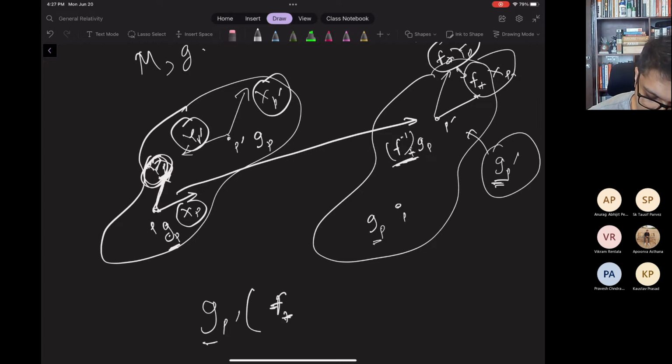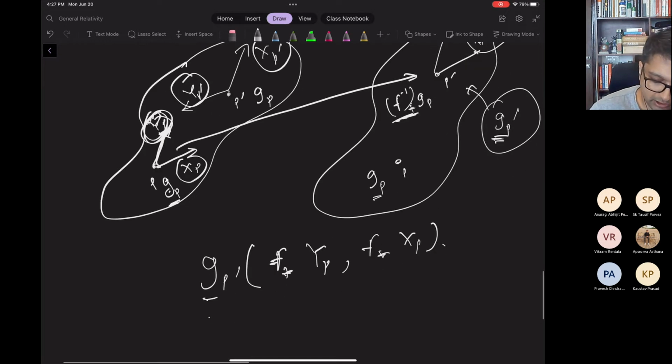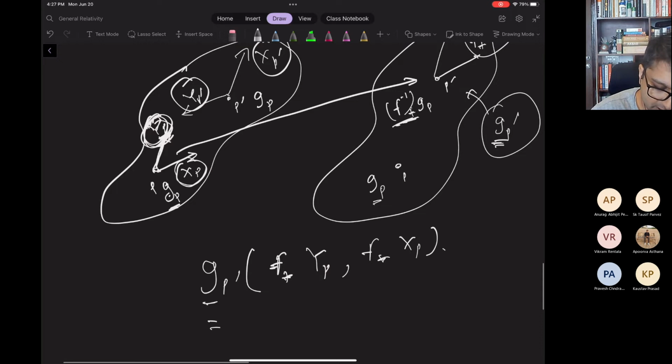That is, we'll take the inner product of F star YP and F star XP. And the claim is that if F is an isometry, then this should be equal to the inner product of the original XP and YP. Sorry, YP and XP, it doesn't matter because G is symmetric.